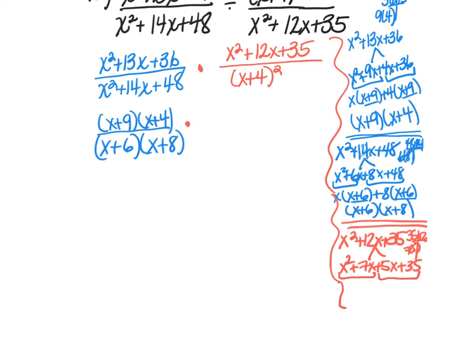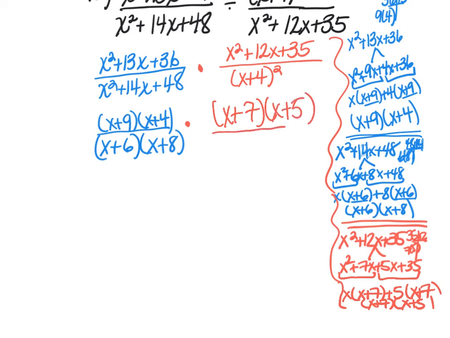Making my groups, I'll pull out an x, which leaves me with x plus 7. Bring down the plus. I'll pull out a 5, which leaves me with x plus 7. So I've got x plus 7 times x plus 5.